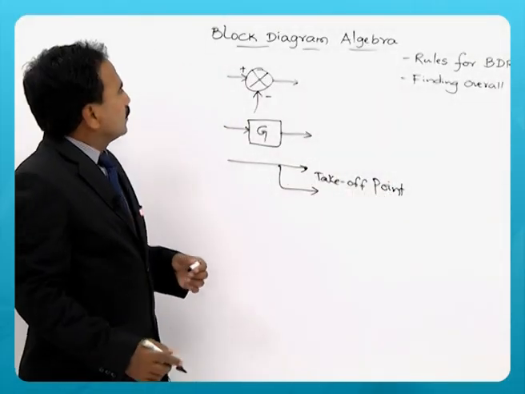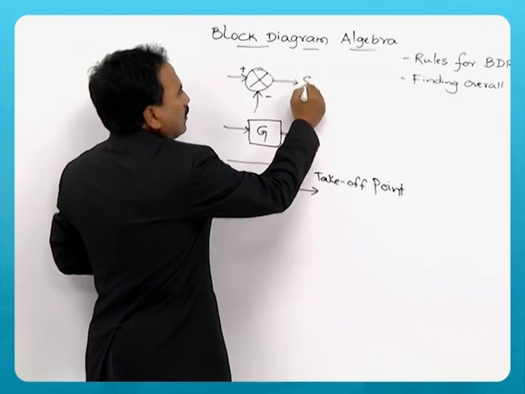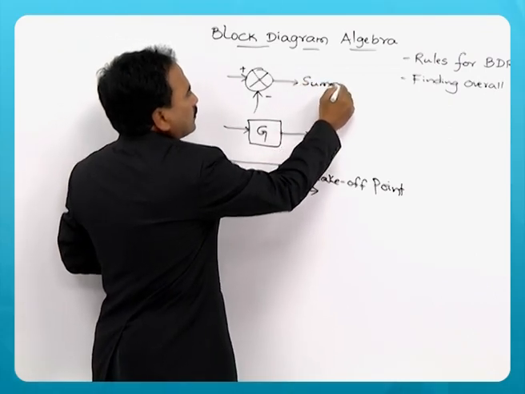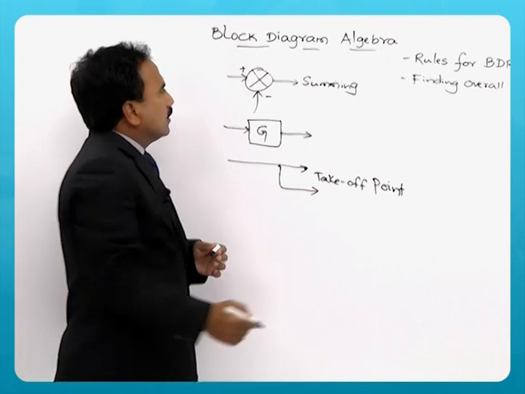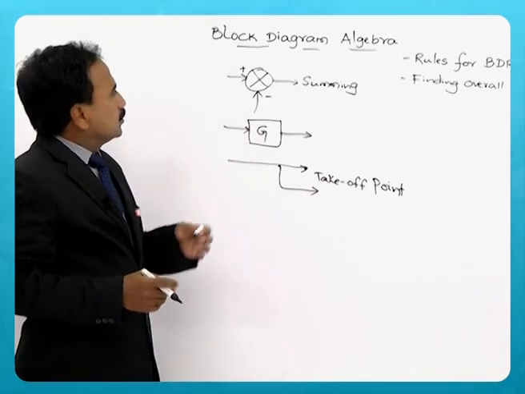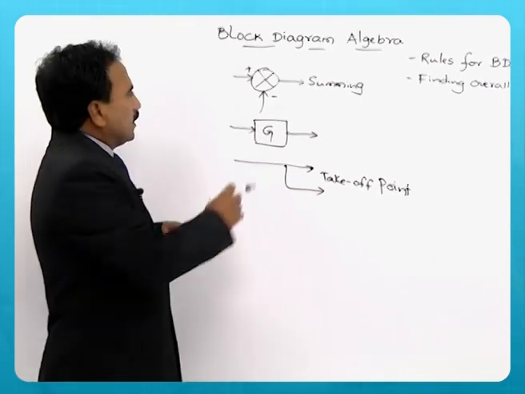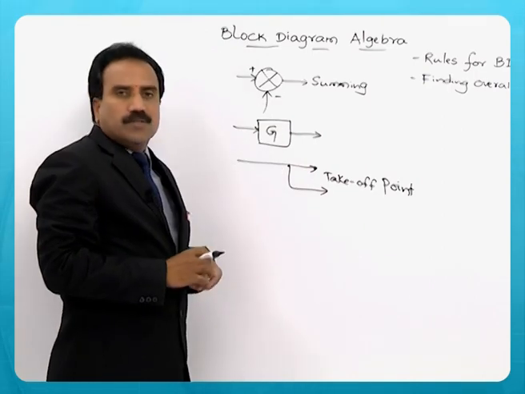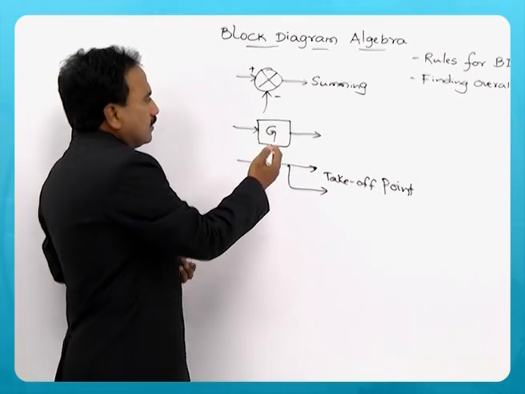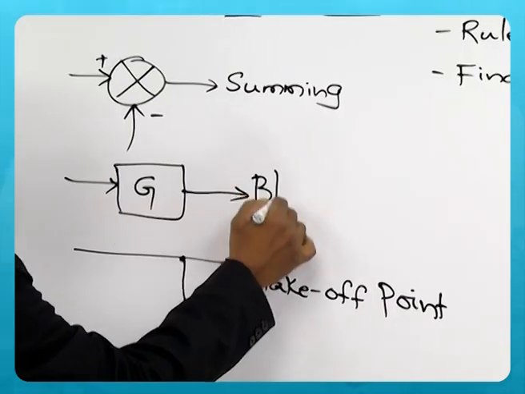A control system consists of several summing points where signals can be added, 2 or 3 signals, depending on the polarity. They can be added or subtracted. And there is a block.